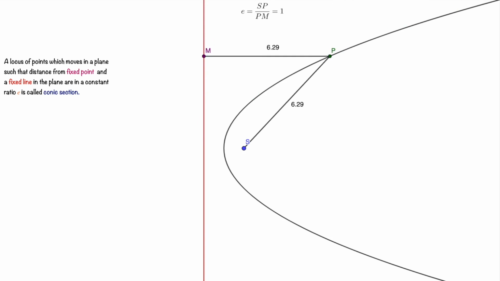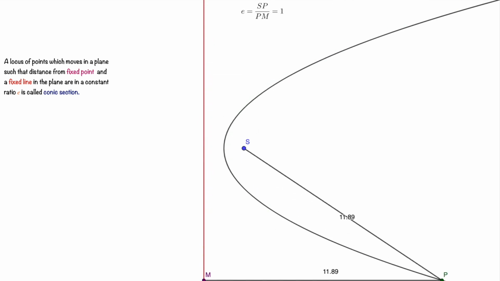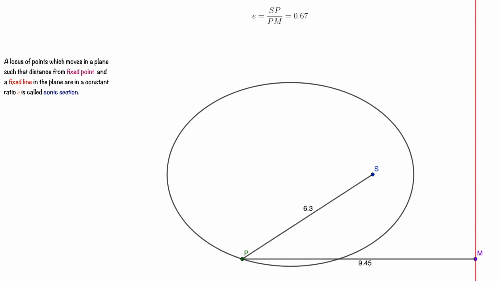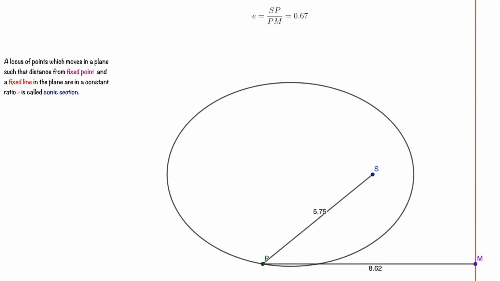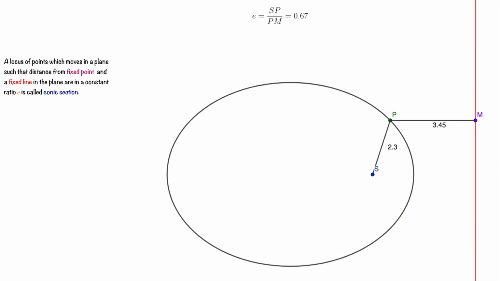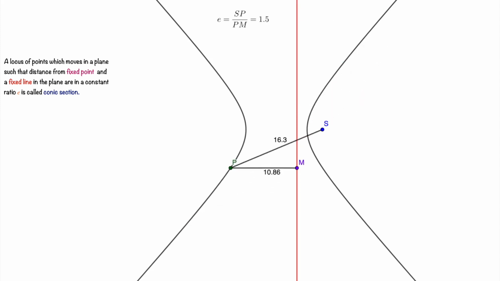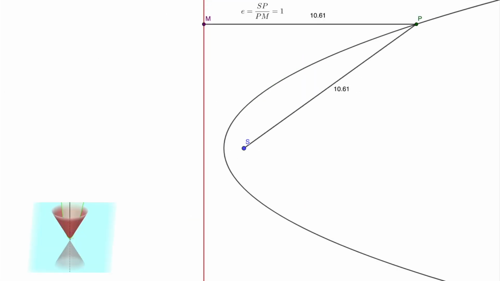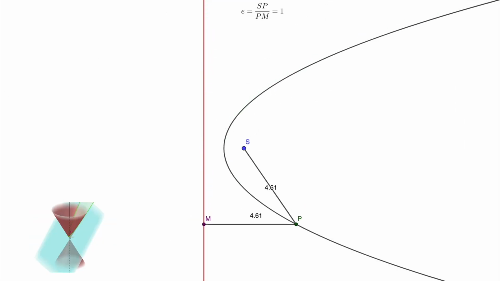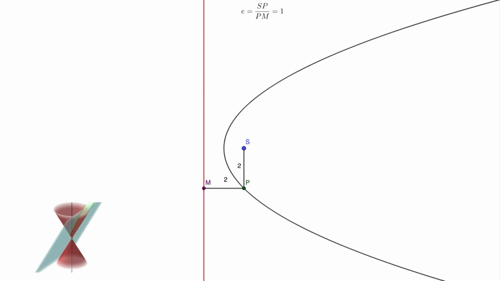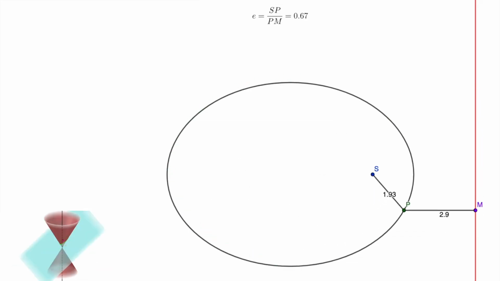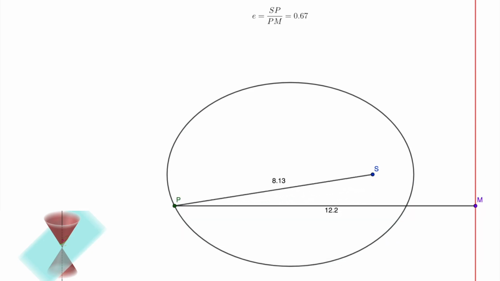Conic section can also be defined as the locus of a point moving on a plane such that its distance from a fixed point and a fixed line are in constant ratio. It can be proved that these two approaches to define a conic section, as a plane section of a cone and as a locus of point, are equivalent.